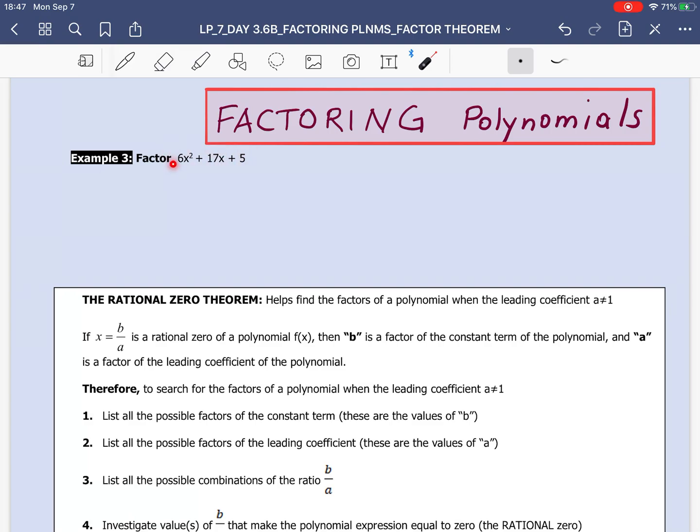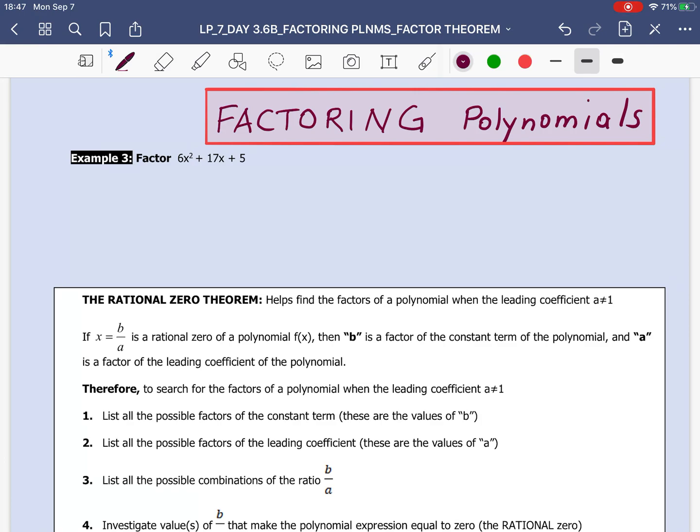As our first example, I've taken a trinomial of second degree. That's because we already know how to factor this without the need to use the remainder or the factor theorem. I'm going to use a method that is called breaking down the middle term. That's the one that you have been taught most probably in grade 10.